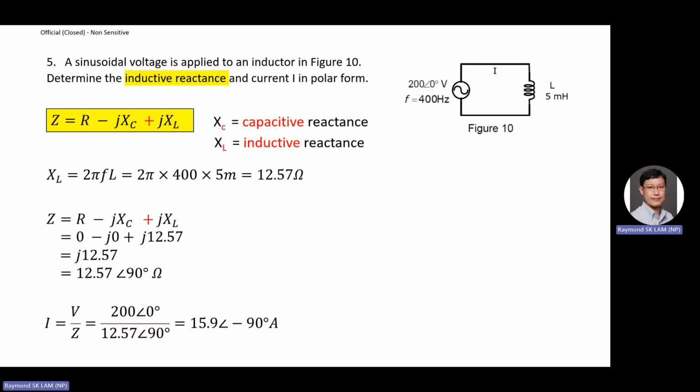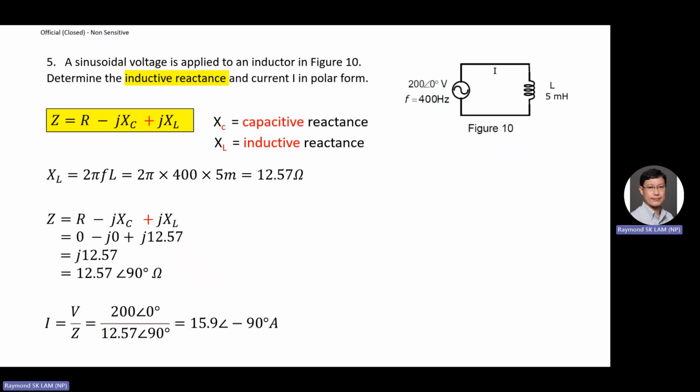Is there any capacitor? No, so 0. Is there any inductor? XL is calculated over here, 12.57. So you add up everything, you have j12.57.